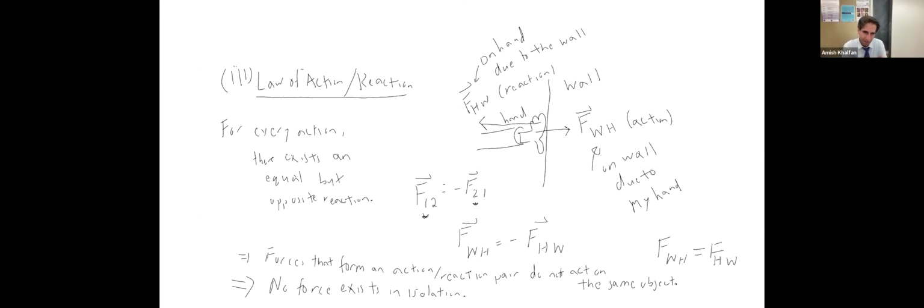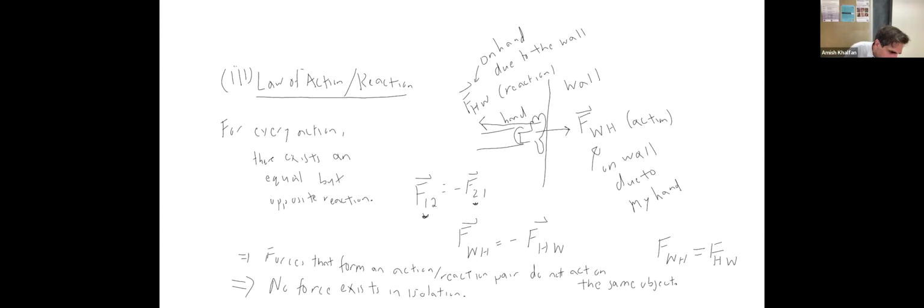Applications of the third law. Well, let's consider, for example, swimming. You go into a pool, move your arms, and displace the water one way. You exert a force on the water due to your arms. That's the action. The reaction is the water exerting a force back on your arms at the same strength in the opposite direction, and that allows you to move yourself forward in the water.